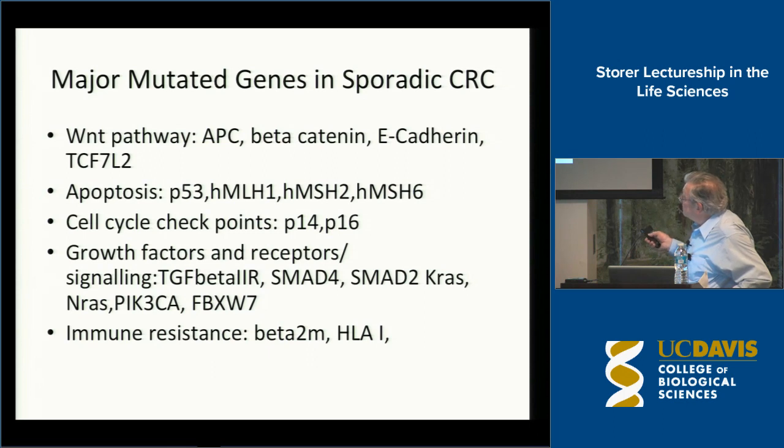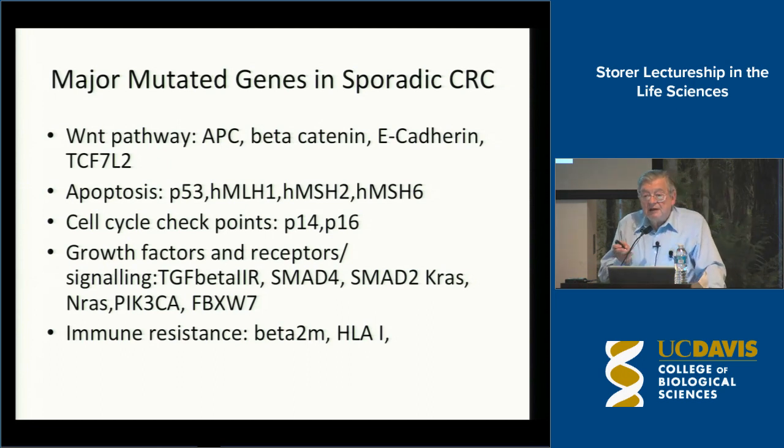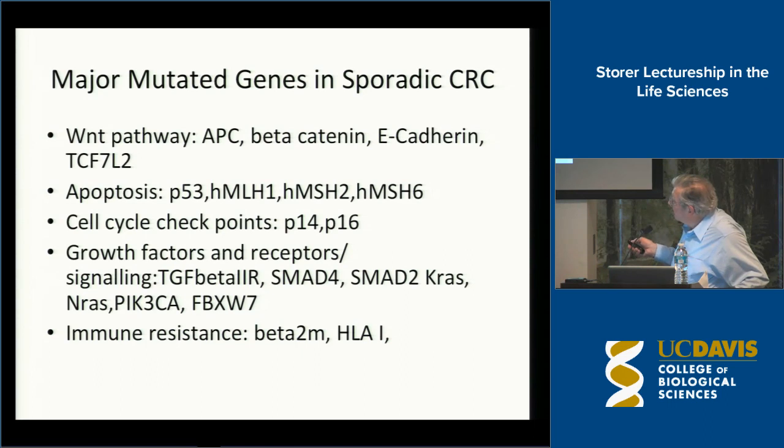So you have mutations in the Wnt pathway, in APC and beta-catenin. E-cadherin is related to this. The transcription factors, you have mutations that are often thought to be there because they promote instability in cancers. I believe that's not the case. I think they're mainly connected with apoptosis, mutations in P53, the mismatch repair proteins and checkpoints.